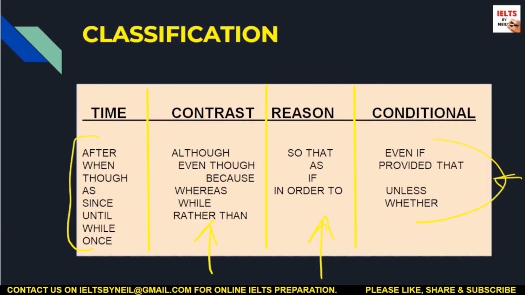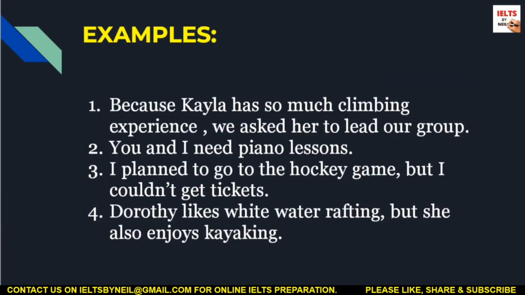let's do an exercise to identify which sentences are which. First one is, because Kyla has so much climbing experience, we asked her to lead our group. So because and a comma, as you know, it will be a complex sentence.